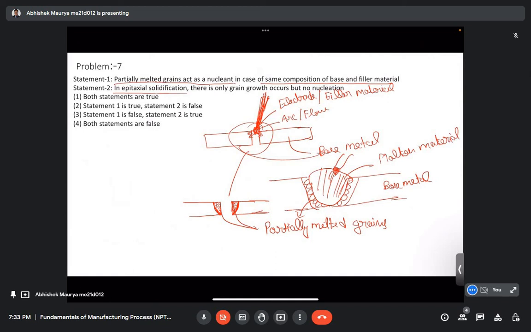Because of it, some of the grains of the base metal get partially melted, and suppose this electrode material which we have filled also has the same composition, then what will happen?